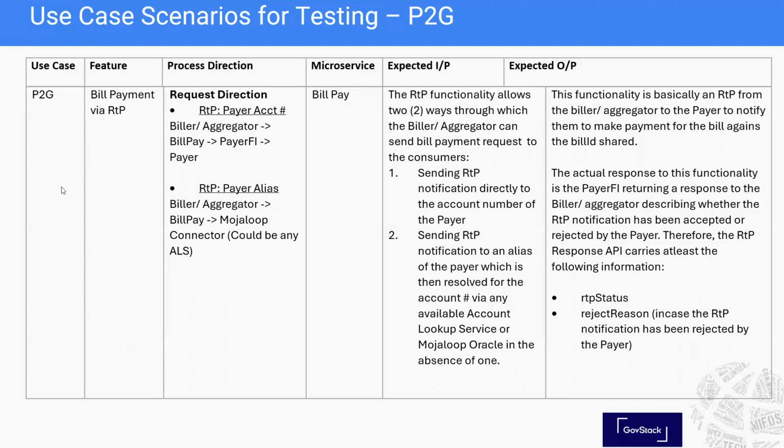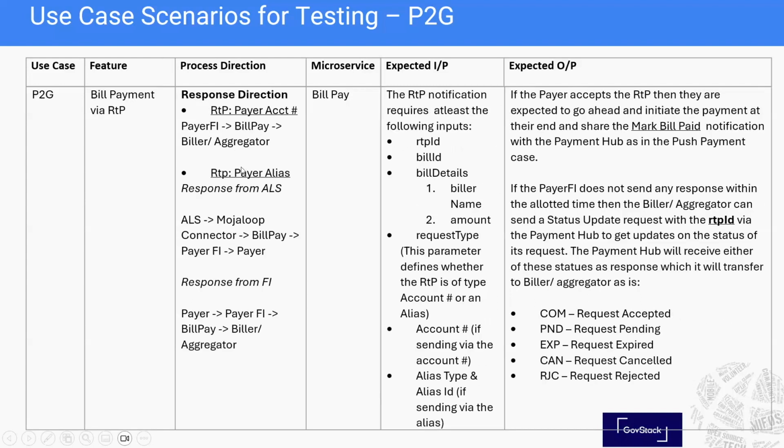So it sends this request to the Mojaloop account lookup service, to the Oracle. It tries to resolve the address based upon the type of proxy that was sent, and it returns the financial address. Once that address is received, the request is pushed ahead by the payment building block towards the particular DFSP.